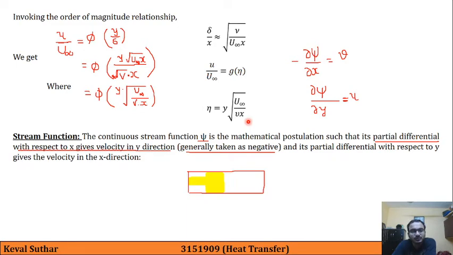The next function is the stream function, such that its partial derivative with respect to x gives us the velocity in y direction, generally taken as negative, and its partial derivative with respect to y gives the velocity in x direction.